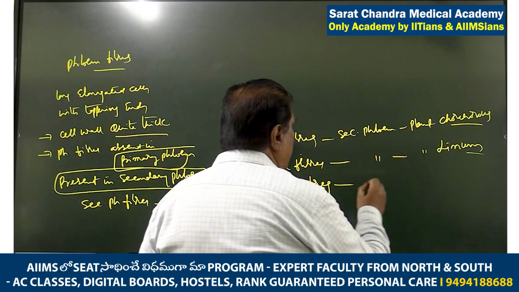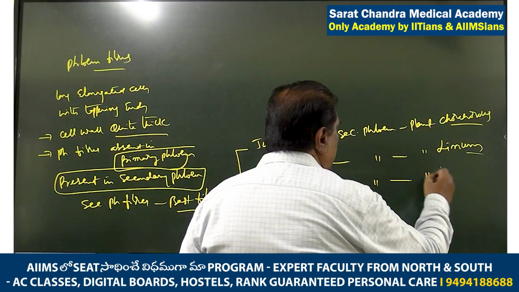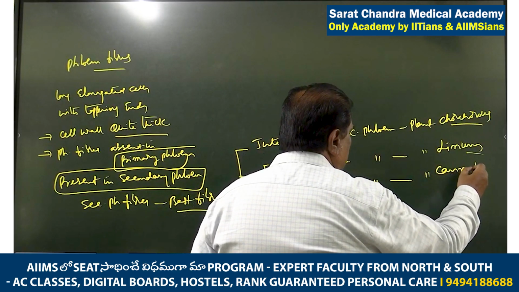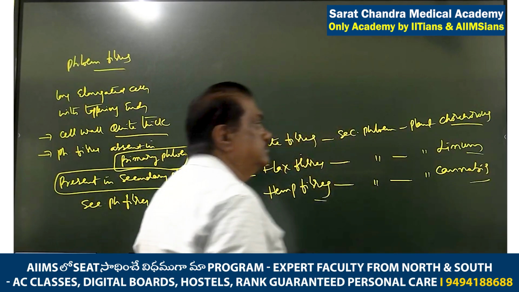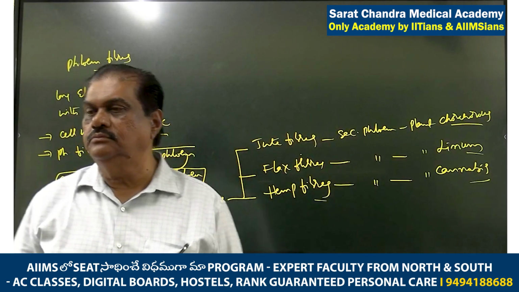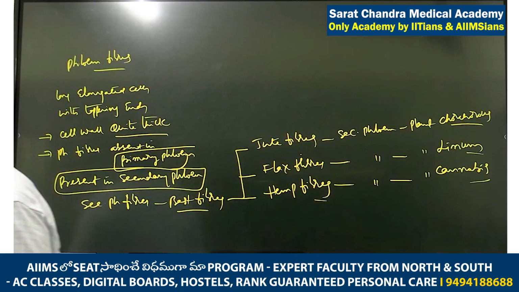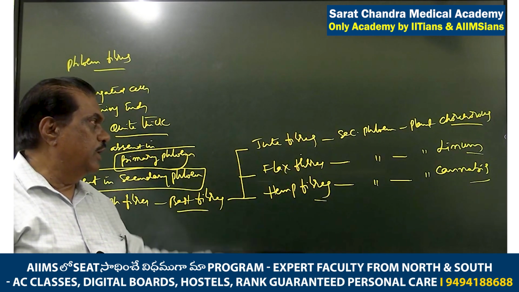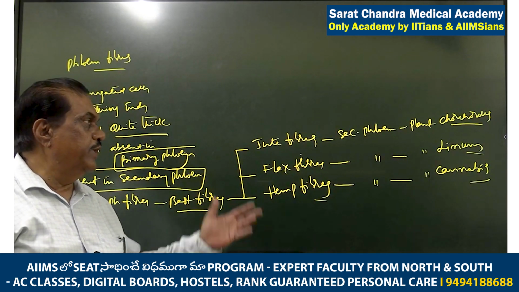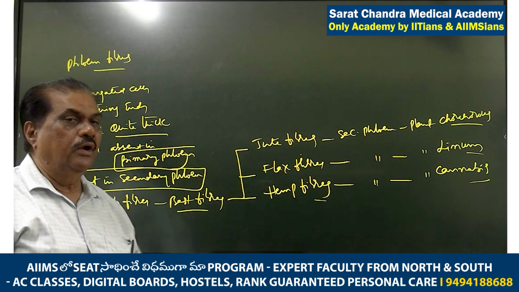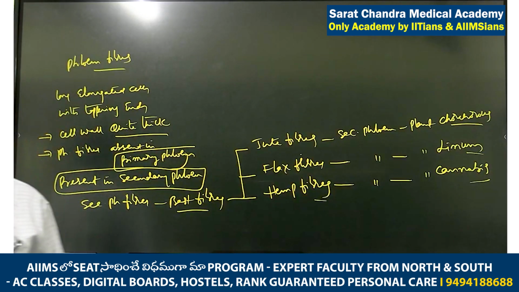Hemp fibers are obtained from the secondary phloem of the plant Cannabis. The secondary phloem fibers of Cannabis are called hemp fibers, those of Linum flax fibers, and those of Corchorus jute fibers.